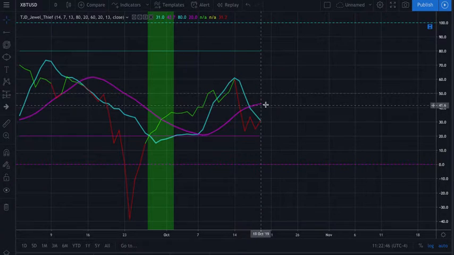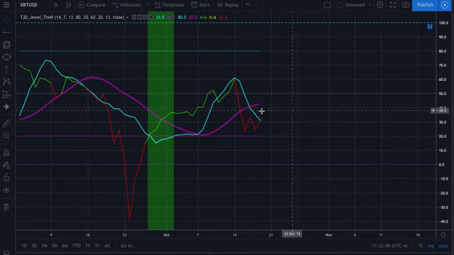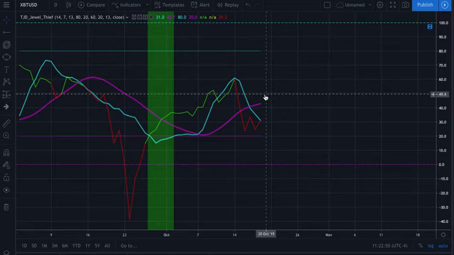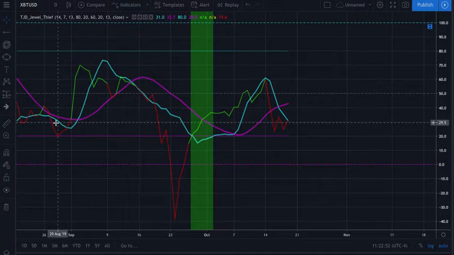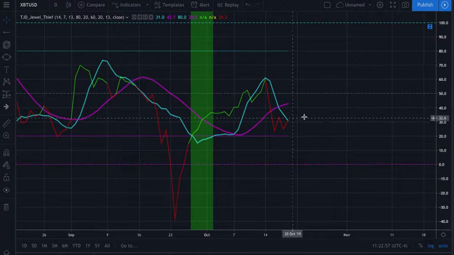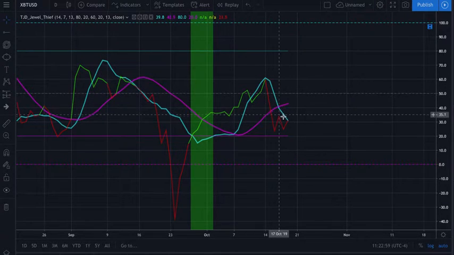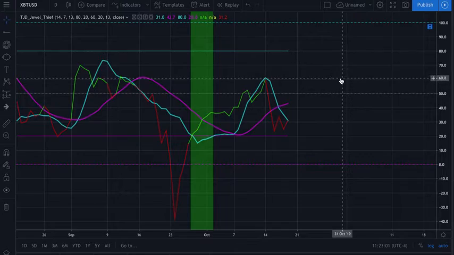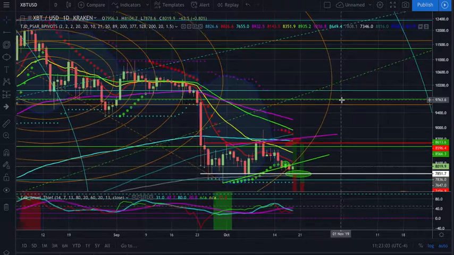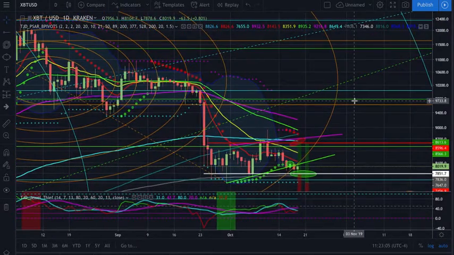The purple still has a positive slope, but it's going to start curving down if we don't get a move back up. We could get one of these little fake-outs where it goes like it's going to touch, and then it gets the cross back over. But again, there's no reason to be necessarily bullish on this at the time.